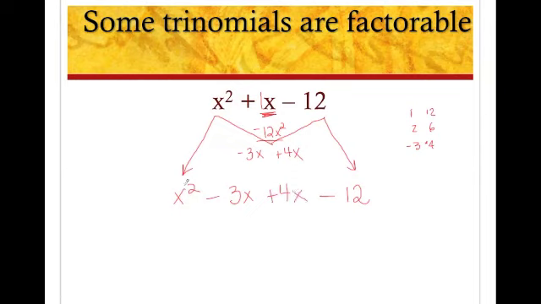So now I'm going to bring them down to this level. Now at this level we start to use factor by grouping. Again, I group my first two terms and my last two terms and pull out the common factor.